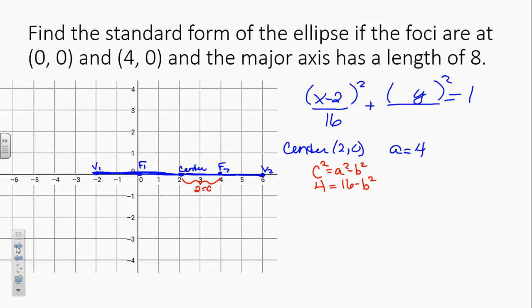So if we subtract 16 from both sides, negative 12 equals negative b squared, b has to be the square root of 12, which is 2 square roots of 3. Okay? So our 12 goes beneath the y squared.